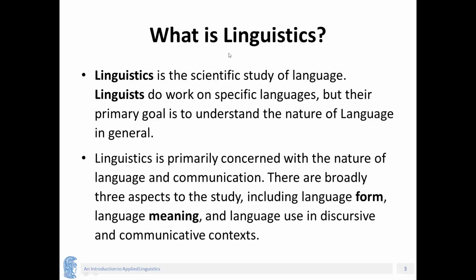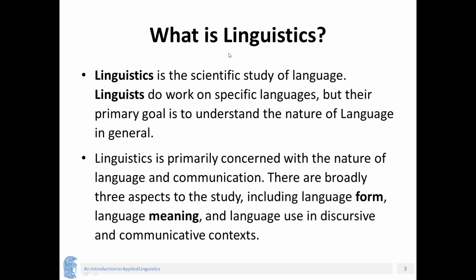Linguists do work on specific languages, but their primary goal is to understand the nature of language in general. There are many languages in the world. Even though the number is very high, there are certain natures of all these languages, the general things.